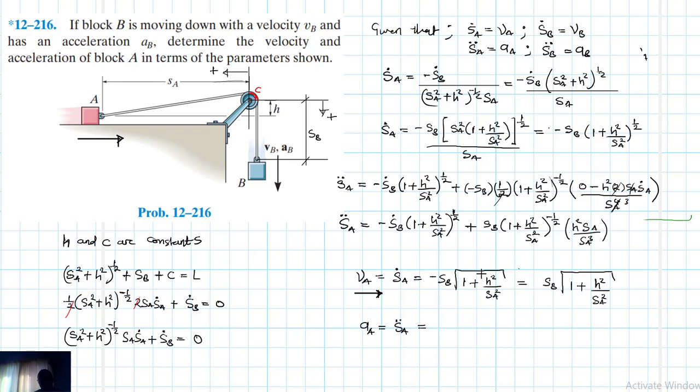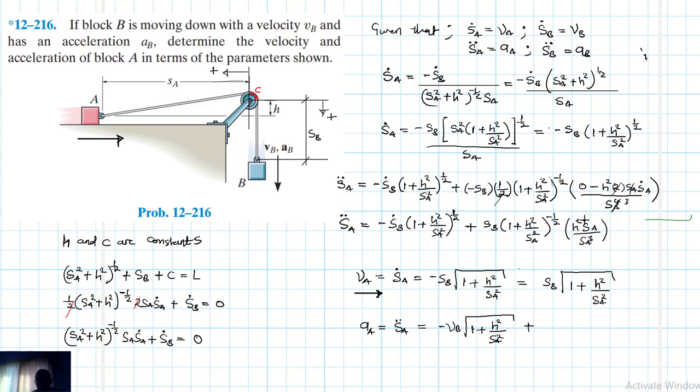Then for acceleration, which is just a, which is SA double dot, which is just going to be equal to, we have this equation already here, so this just becomes minus VB, minus VB square root of 1 plus h squared divided by SA squared, then plus we have SB there.